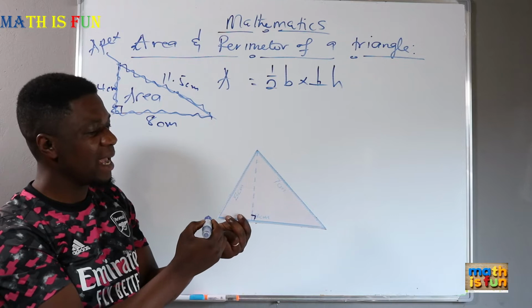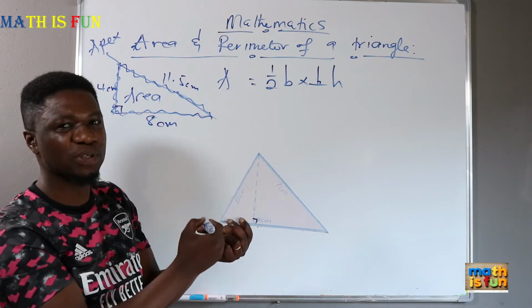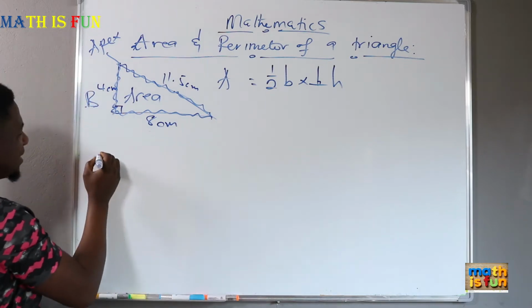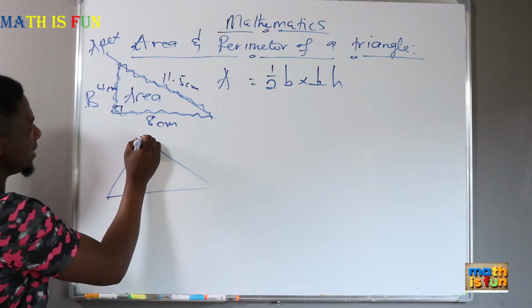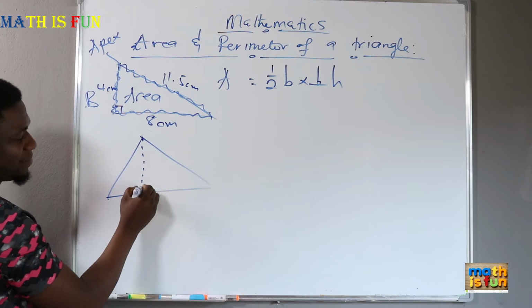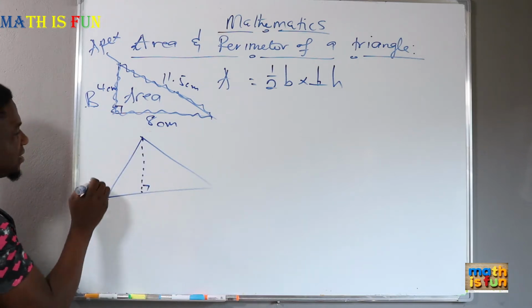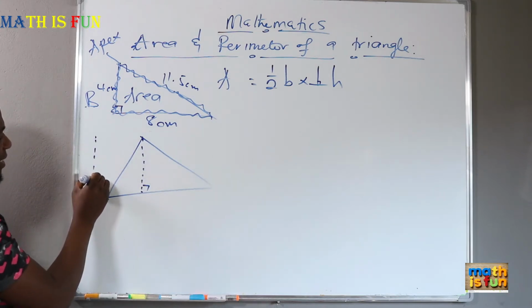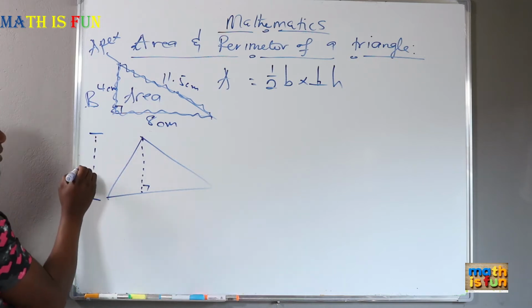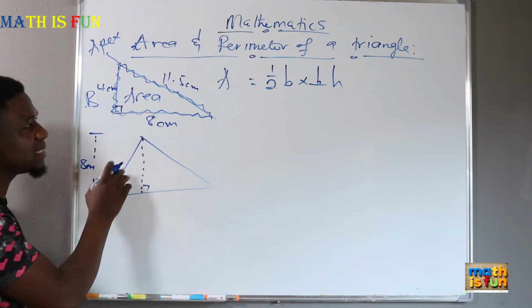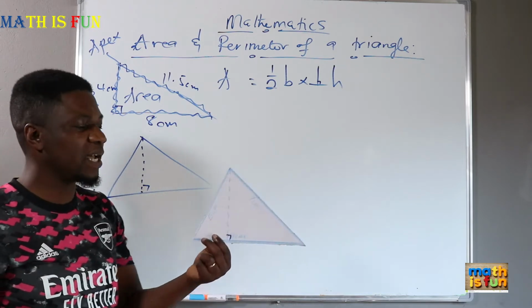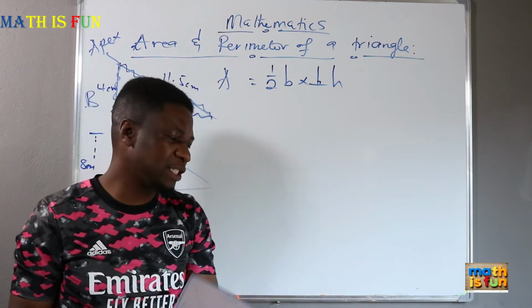Sometimes they will bring a broken line next to the shape, just like this. Instead of bringing it here, they can bring it here and give you the dimension, or sometimes they will bring it here and write the dimension here, let's say 8 centimeters. If you get it in any of that order, then that explains it much better.